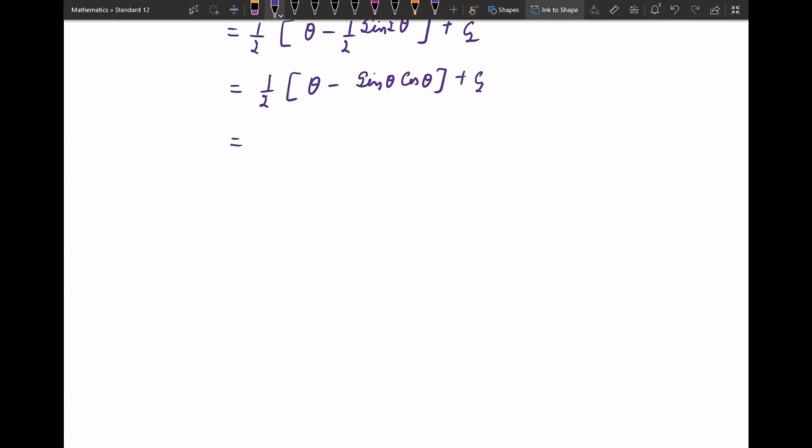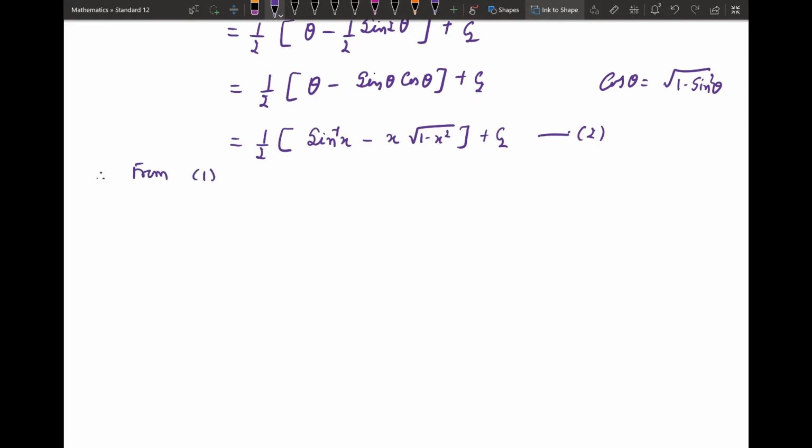Now this is 1/2 theta, that is sin inverse x, minus sin theta, which is x, cos theta, which is under root 1 minus sin square theta, so under root 1 minus x square, plus c2, say result number 2.